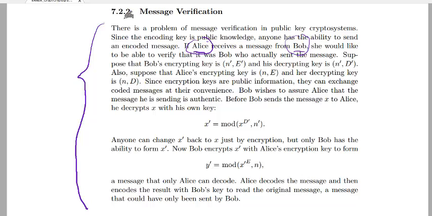If she wants to make sure it actually came from a particular person, then you have to do some additional encryption. So this shows how if Alice and Bob both have secret keys, then they can find ways to guarantee the authenticity of messages. In other words, Alice can receive a message and make sure it actually did come from Bob. So you can read this, how those 2 secret keys can be used to do the encoding.